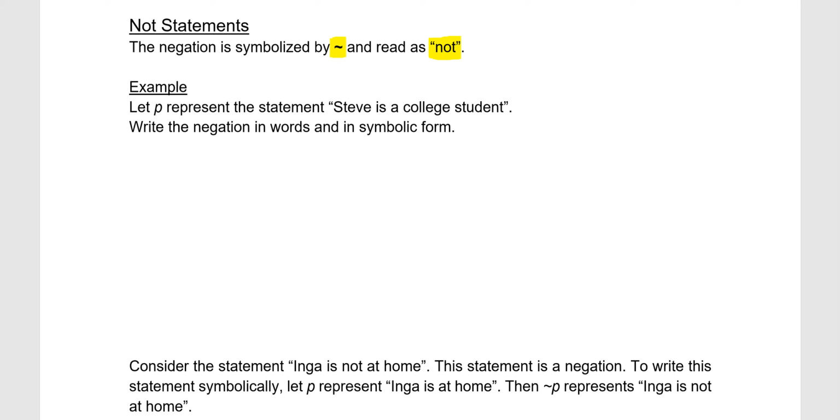The negation of Steve is a college student is Steve is not a college student. In symbols, if P represents the statement that he is a college student, then the negation symbol and P represents that he is not a college student. So you put the tilde directly in front of the letter.